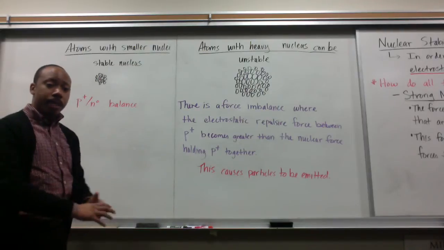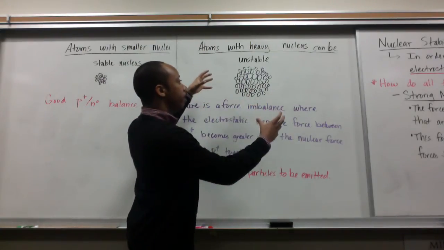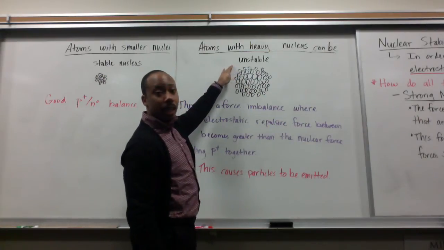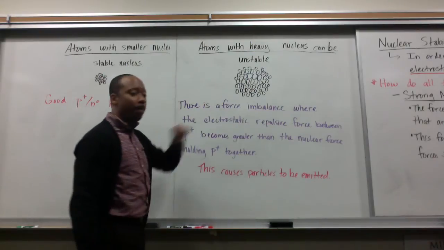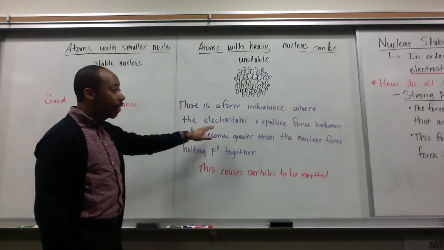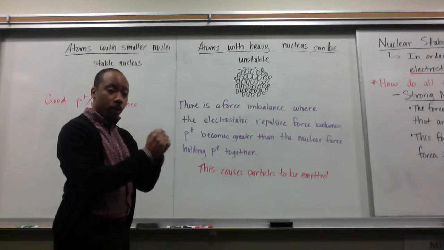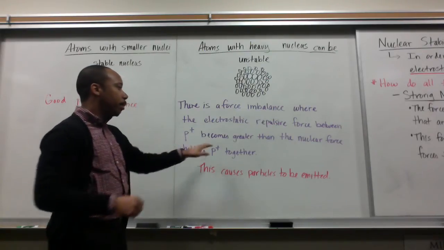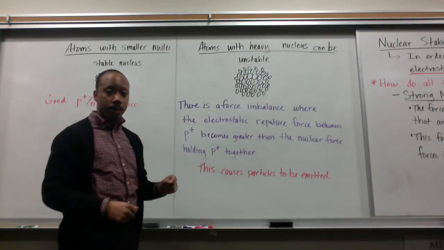But when atoms get much larger and their nucleus becomes much heavier, sometimes their nucleus is unstable. It's unstable because there's a force imbalance where the electrostatic force, meaning the repulsive force between the protons, becomes greater than the nuclear force holding the protons together.